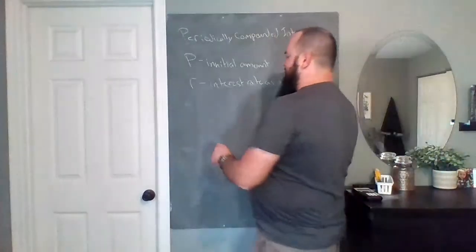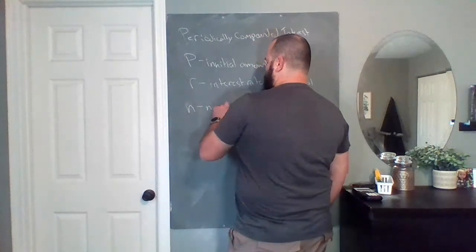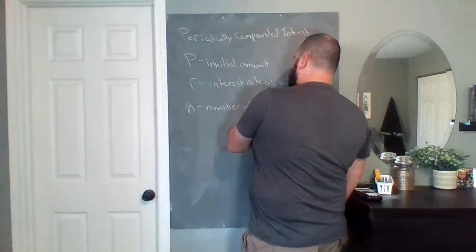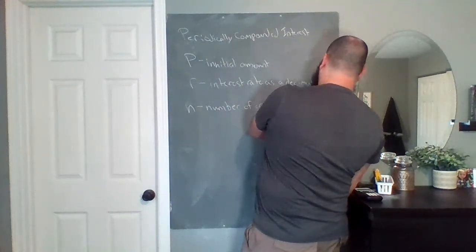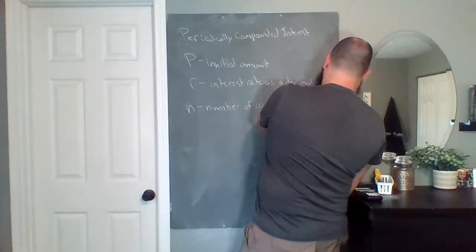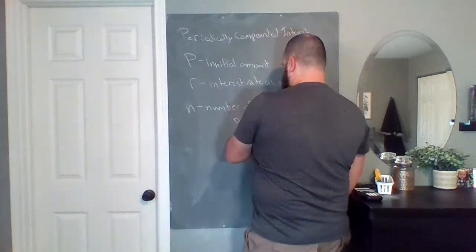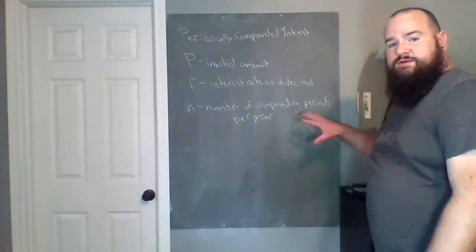And the last thing is N. This is the number of compounding periods per year.